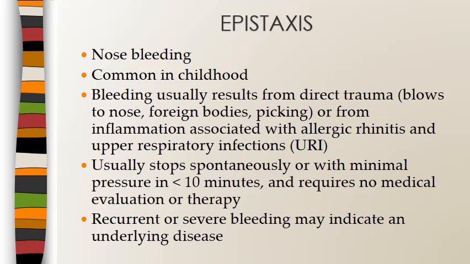Usually nose bleeding stops spontaneously or with minimal pressure in less than 10 minutes and generally requires no medical evaluation or therapy. However, recurrent or severe bleeding may indicate an underlying disease such as hemophilia or other bleeding disorders.